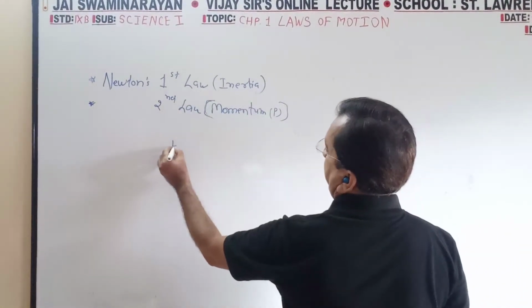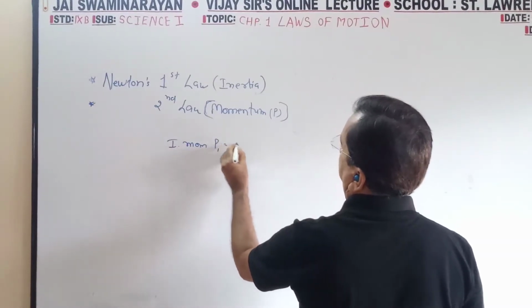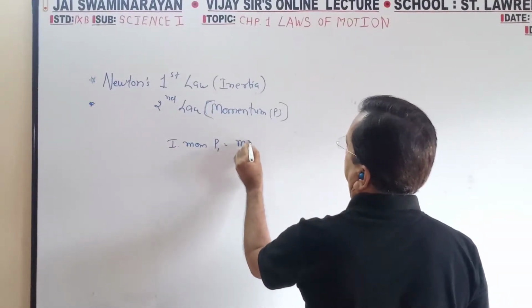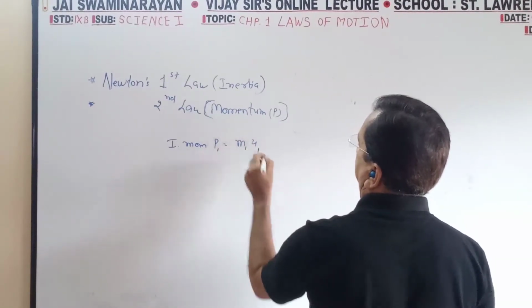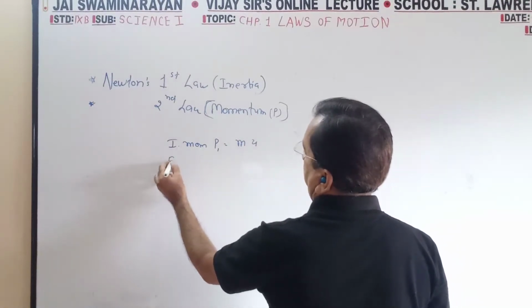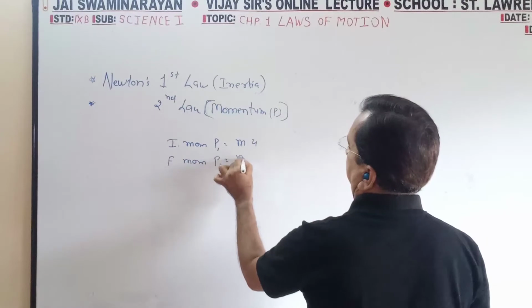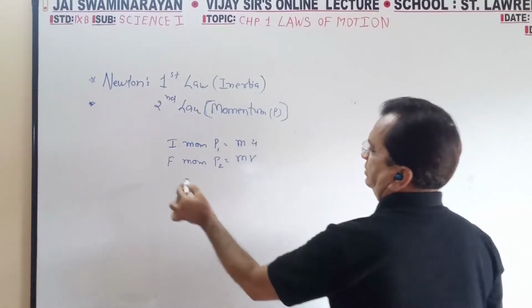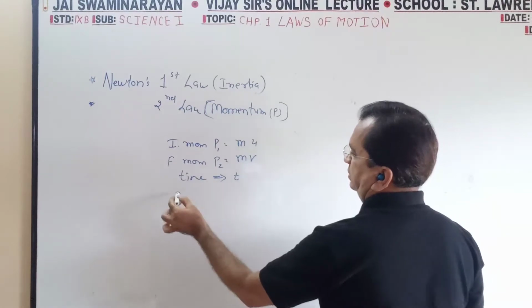So initial momentum P1 is mu, where u is the initial velocity. Final momentum P2 is mv, in time t.